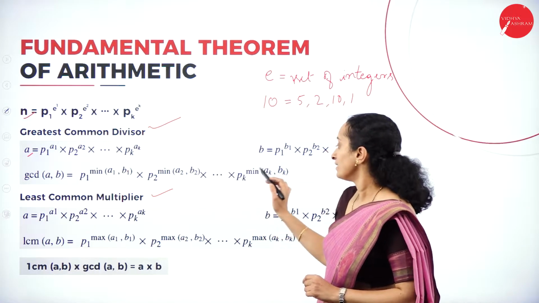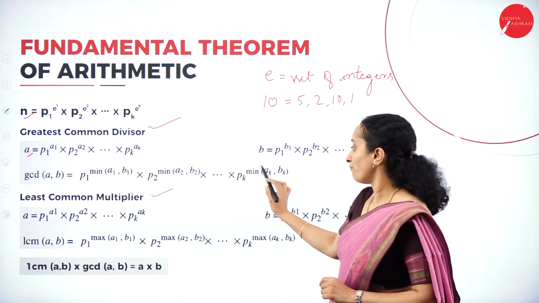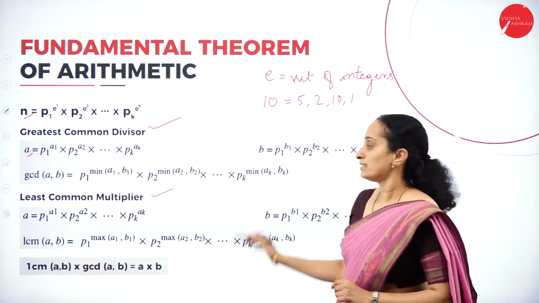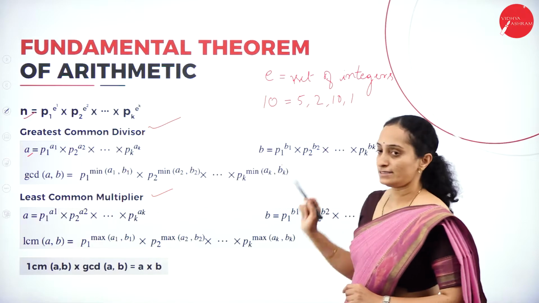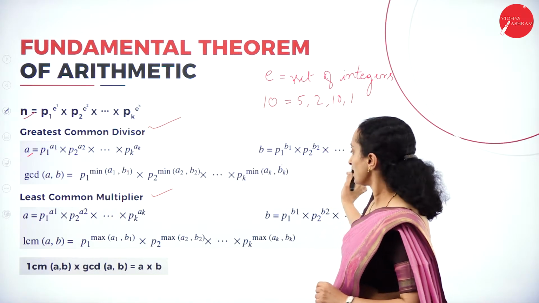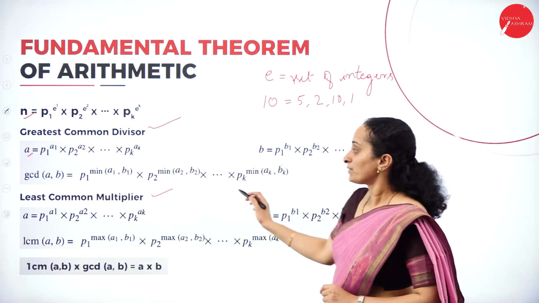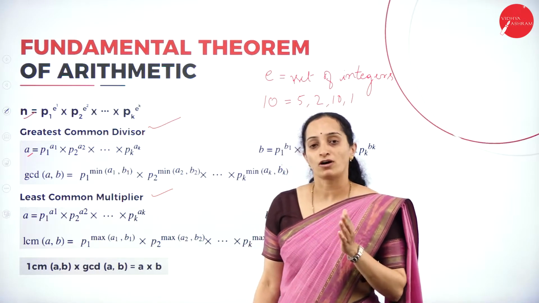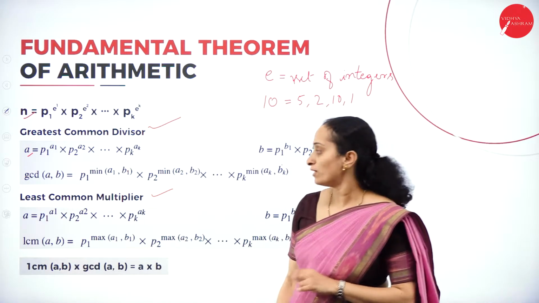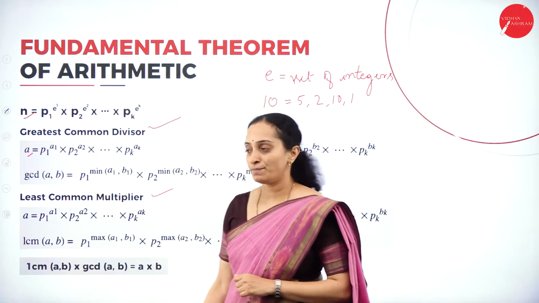So we go on calculating up to Pk to the power of minimum of Ak, Bk. Okay. This gives the GCD, or greatest common divisor, of two numbers A, B.